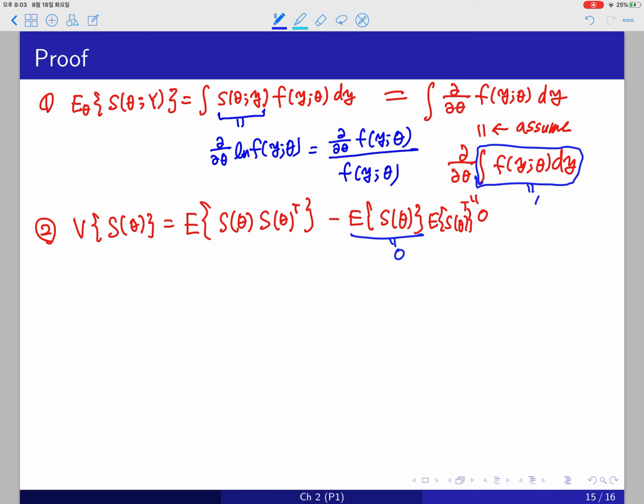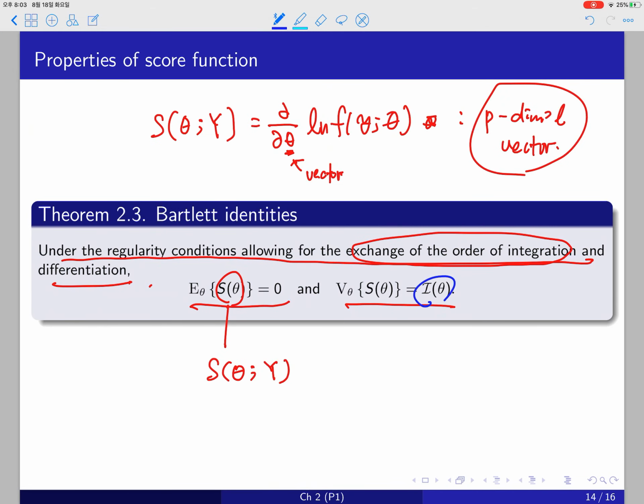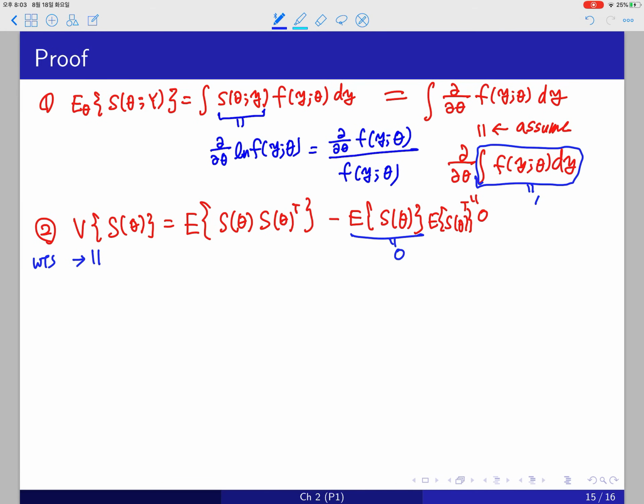So what we want to show is this. Okay, so let's continue. How to show this?